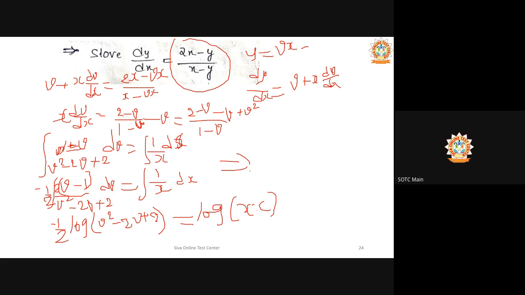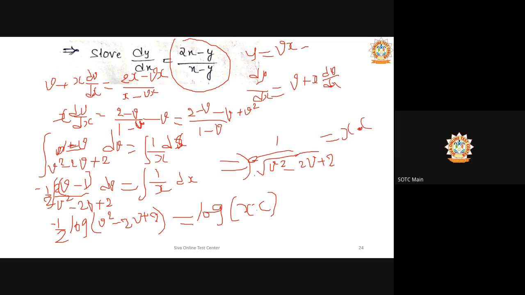So what is remaining? Minus, you have minus here, then you send minus 1 by 2, it will become 1 by under root v square minus 2v plus 2 is equal to x into c.